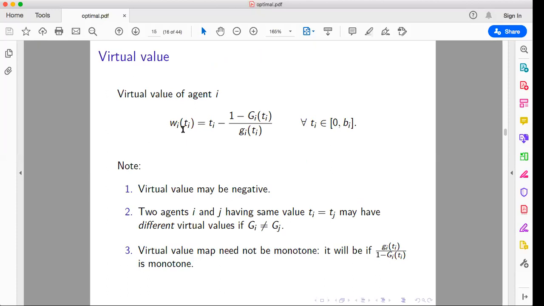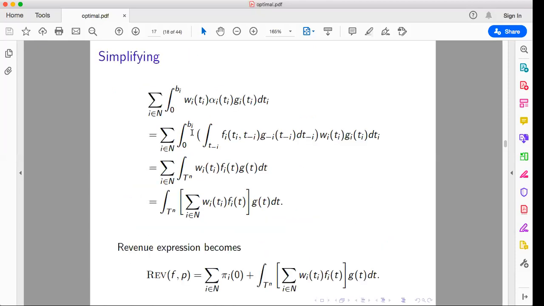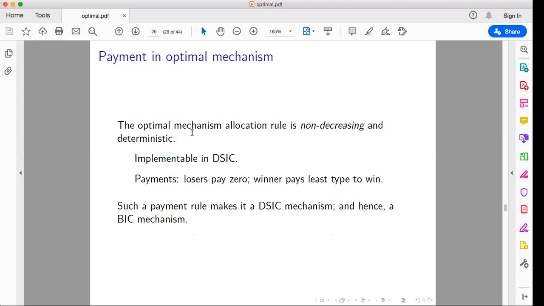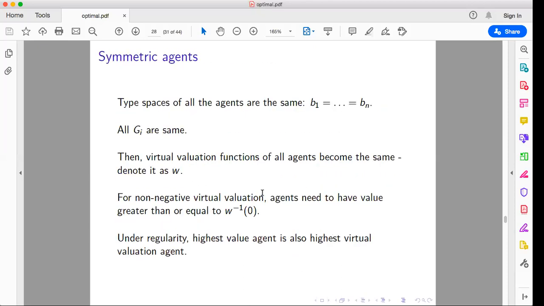Of course, at any type profile, different agents have different types, so the virtual values may be different, but the functions are the same for all the agents. One advantage of that is that because the function is the same, under regularity, the highest value agent is also the highest virtual valuation agent.